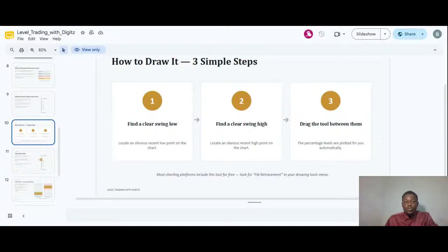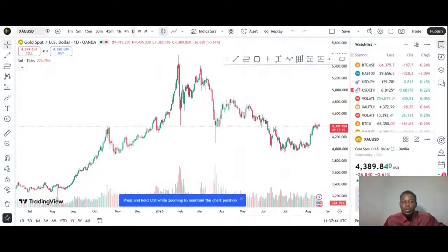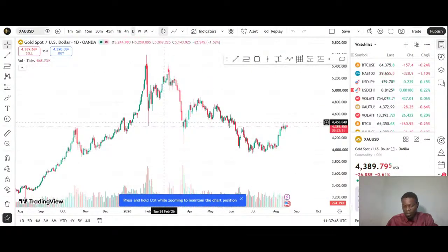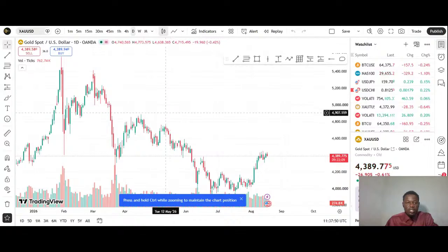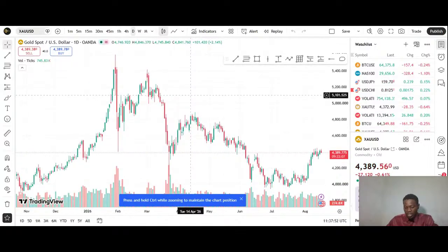So now I wanted to show us how I use my Fibonacci retracement. So let's say we're going to be selecting gold now. Can you see my screen now? Yeah, you can see it. Now we're going to be selecting gold.